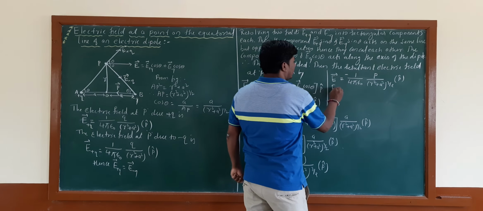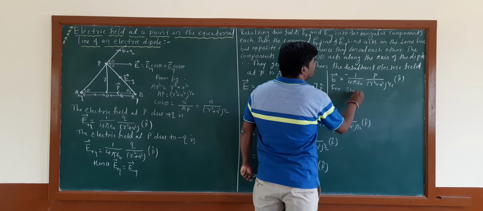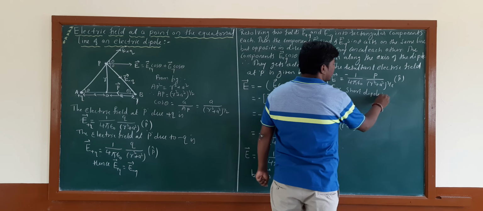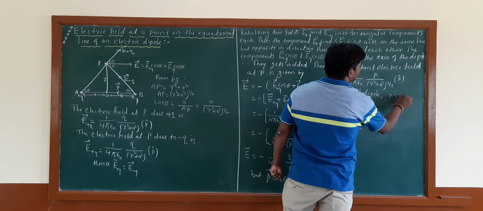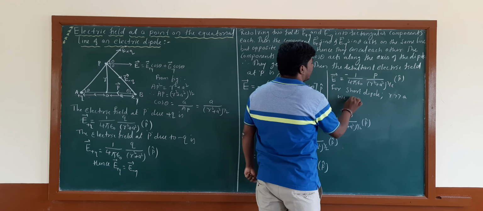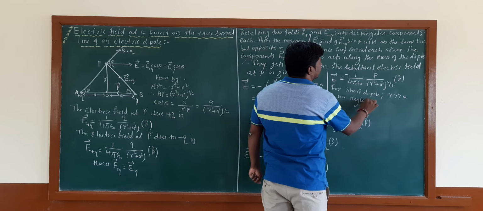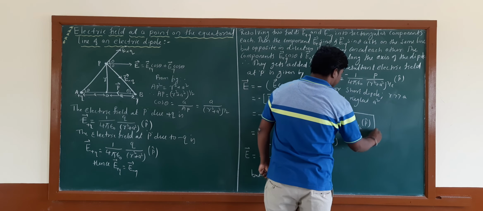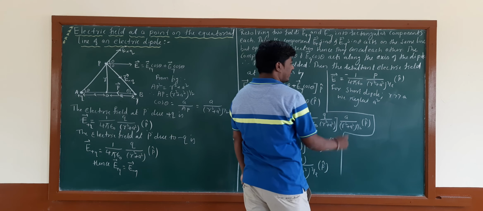For a short dipole, that is R is much greater than A, we can neglect A square.